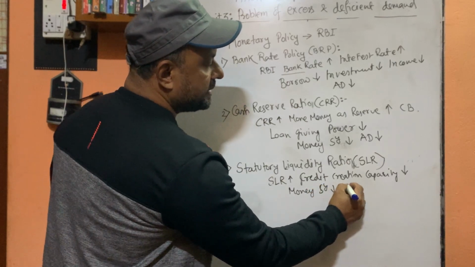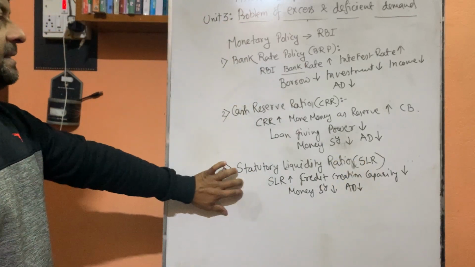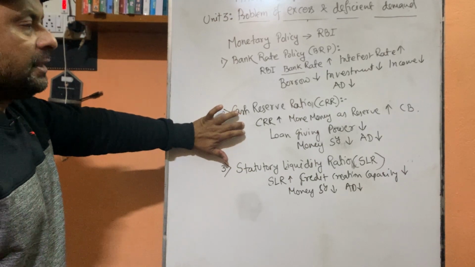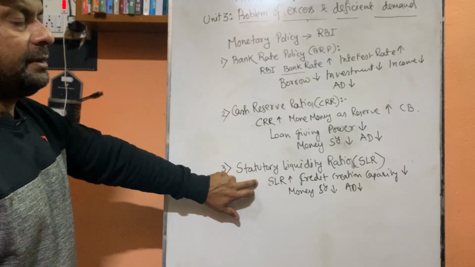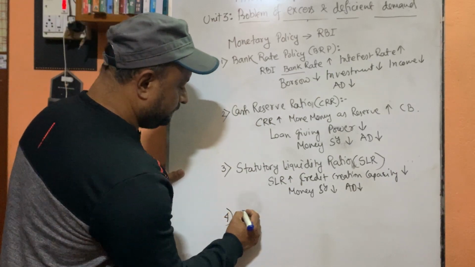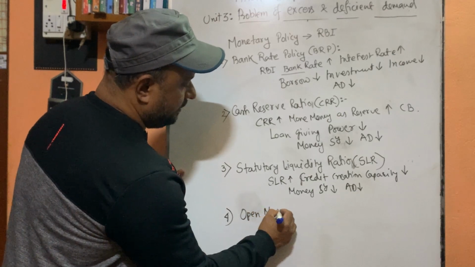That means aggregate demand of the economy will fall. So this is the SLR. CRR and SLR are similar: in CRR, commercial banks keep money with the central bank; here commercial banks keep money with themselves. Fourth one, open market operation.